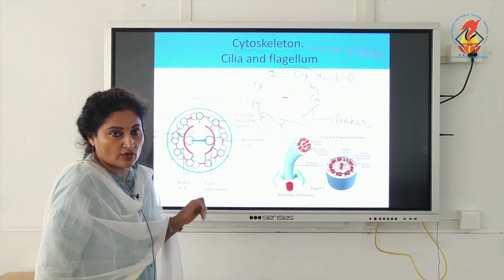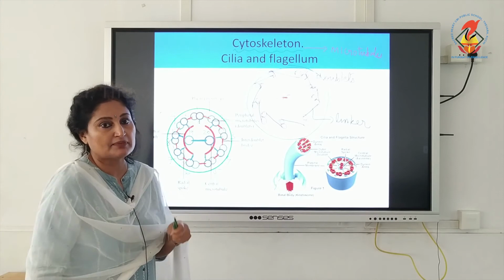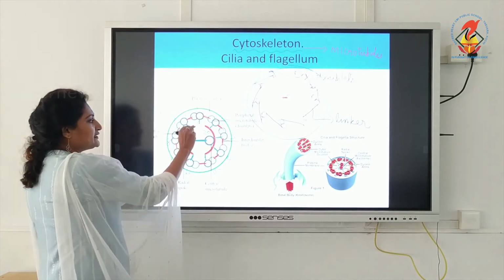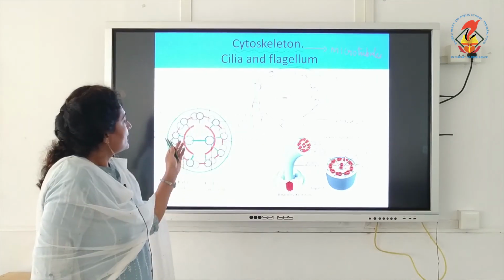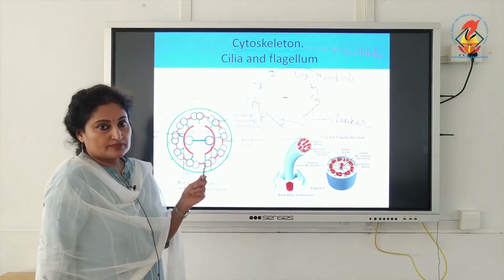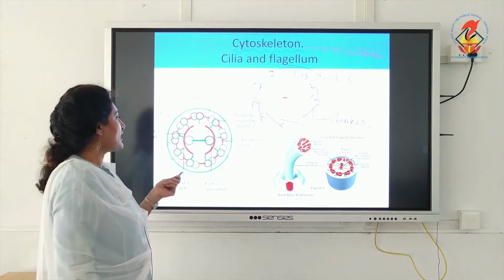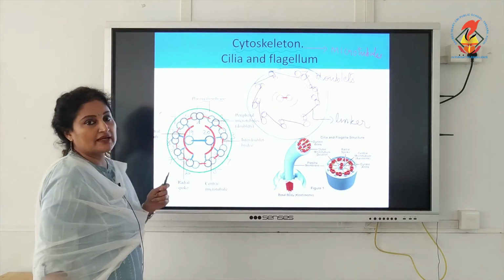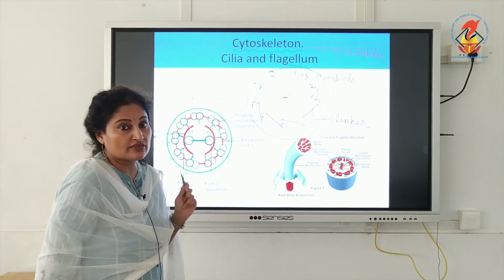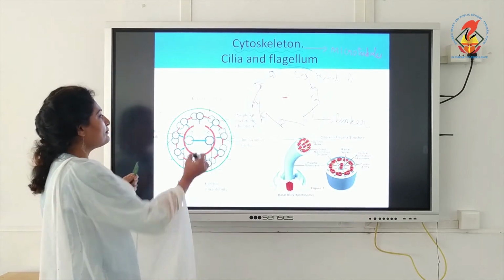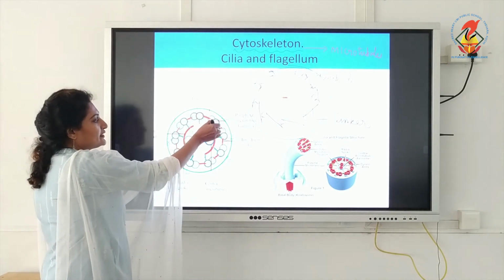The 2 in the center are not close, but are connected by a bridge, and they are enclosed by a central sheet. Now, one microtubule of each of the 9 peripheral doublets is connected to the central sheet by radial spokes. So there are 9 radial spokes, and the doublets themselves are interconnected by linkers.